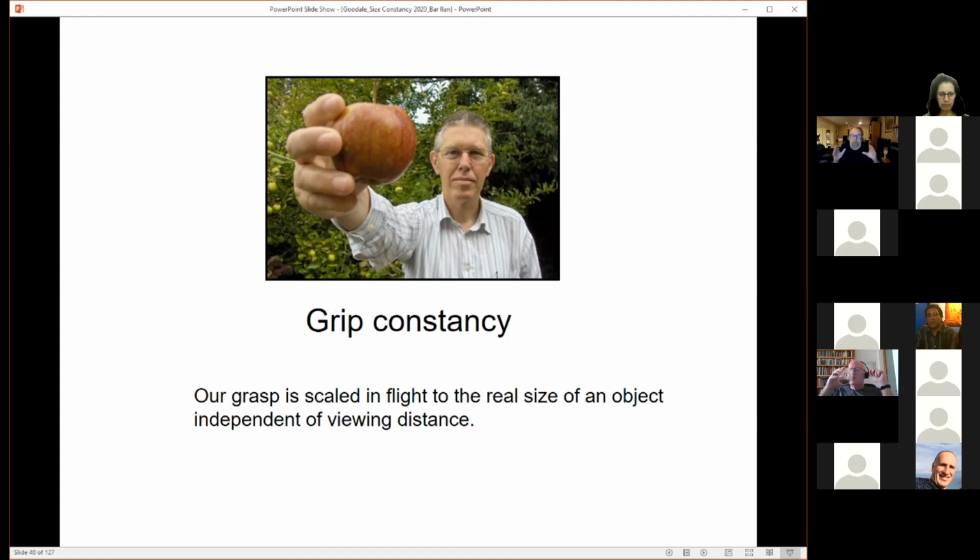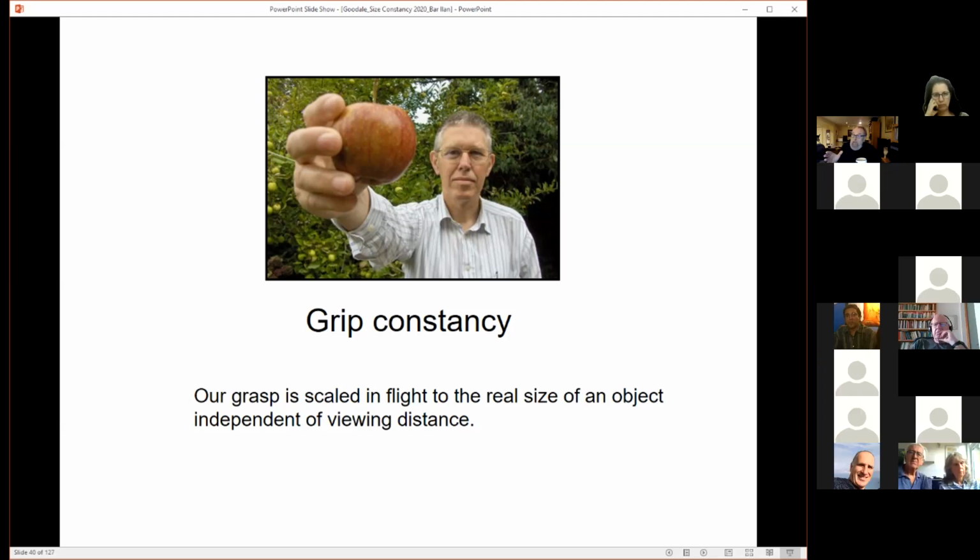because size constancy has been studied to death in perception. We know a lot about size constancy and how it operates, although we don't know so much about its neural substrates. But it's seldom appreciated that we also show size constancy when we grab things. So that when we are dealing with our coffee cup, whether the cup is further away from us or close to us within prehension space, we open our hand the same amount, and as we adjust our hand in flight to the size of the object we want to pick up, even though its retinal image can vary as it's nearer or further away from us.